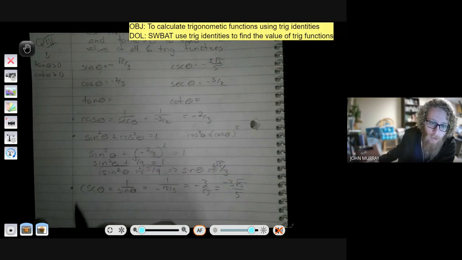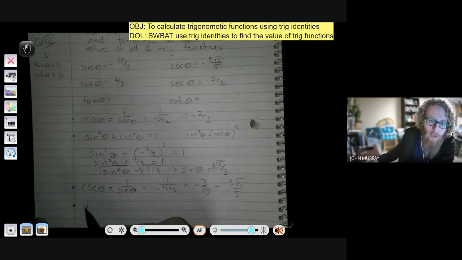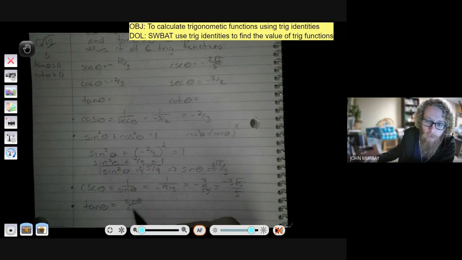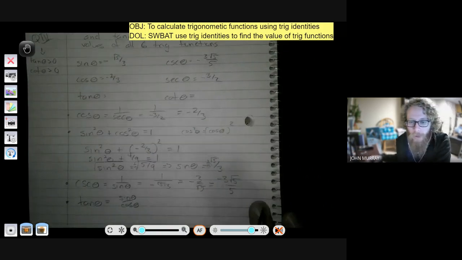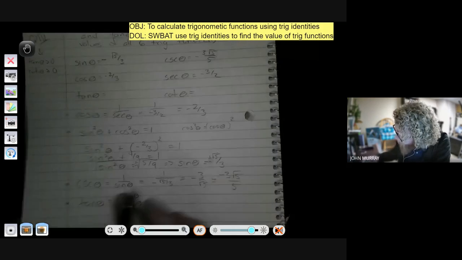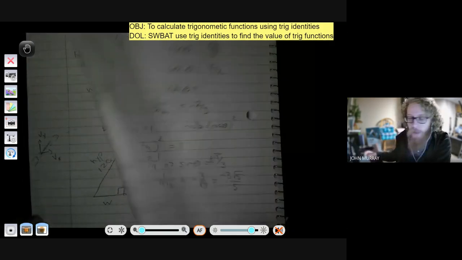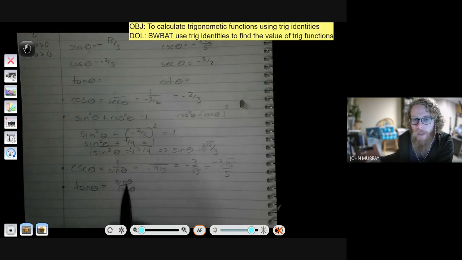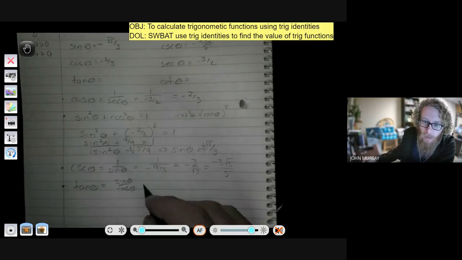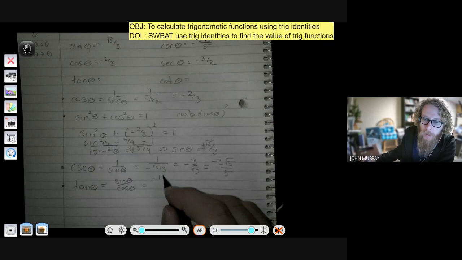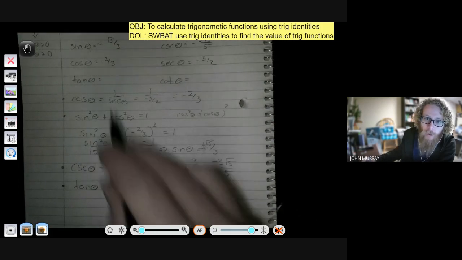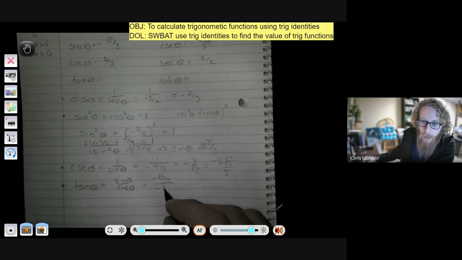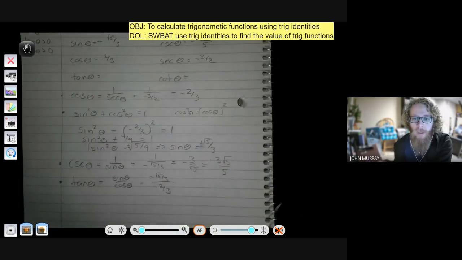And now tangent and cotangent we get from our quotient identities. Okay, so tangent is sine, which is negative root 5 over 3, over cosine, which is negative 2/3.